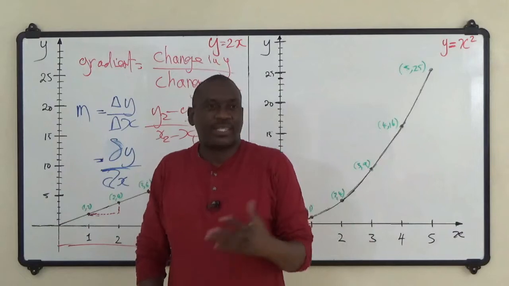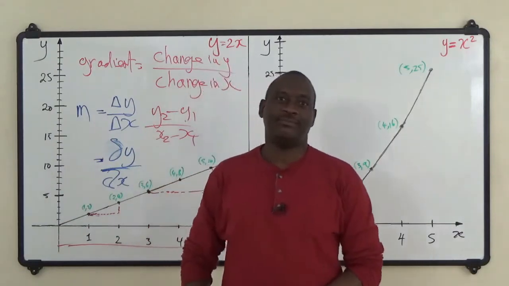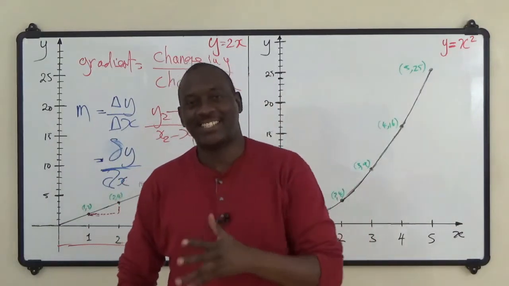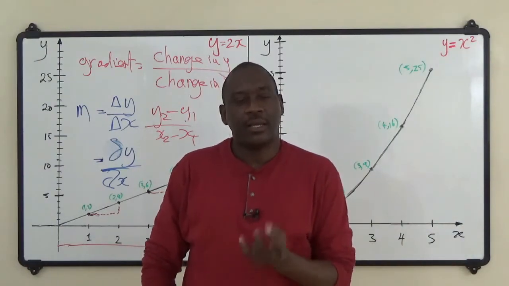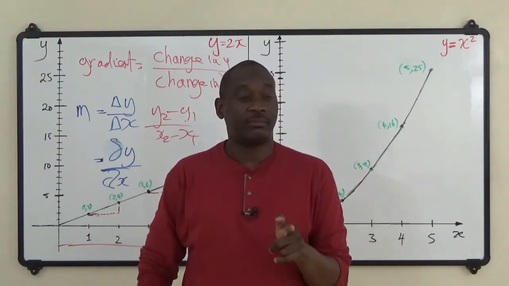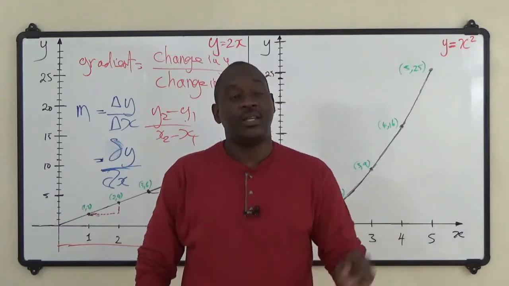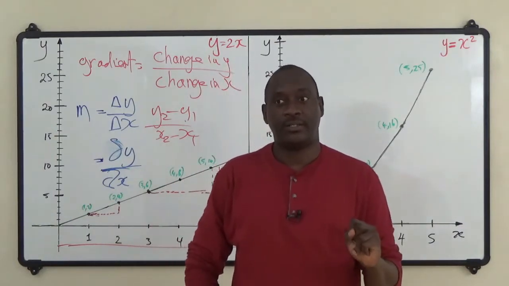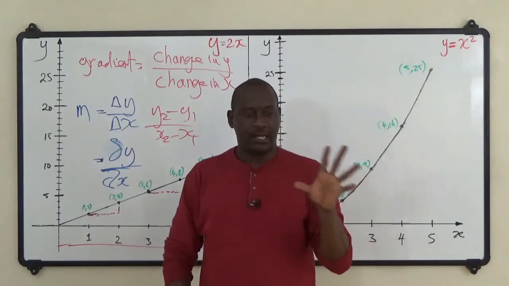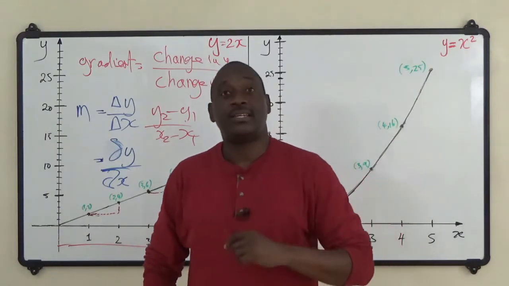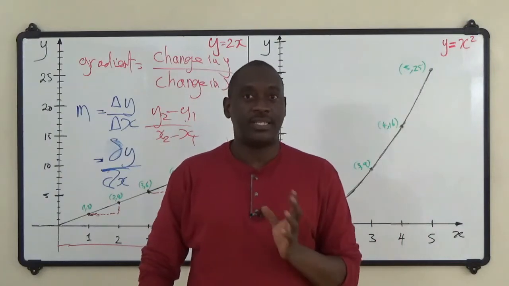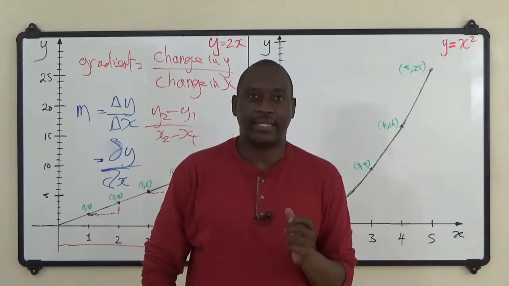Ask somebody to define what a line is. Ask somebody to define what a point is. It's hard to really say, but you know a line when you see one. You know a curve when you see one. You know a point when you see one. All right? These are the things that we had to deal with in maths. These are the things that make maths interesting. These are the things that make maths nice.